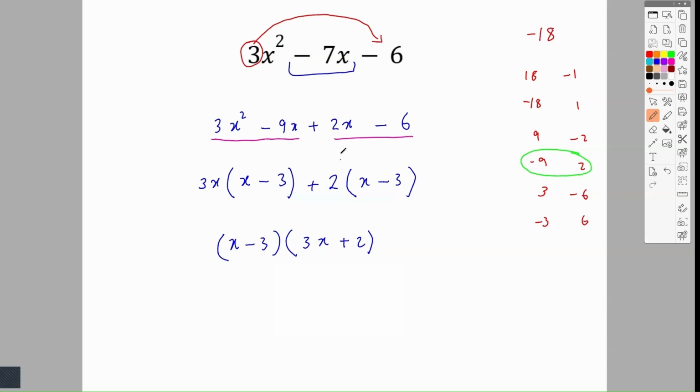So again, you have to multiply the leading coefficient with the constant, find all the factors, and find the couples that add to the middle term. Then we split the middle term by these two numbers. Instead of minus 7x, we put minus 9x plus 2x, and then find terms that have a common factor, so we can factorize it this way.